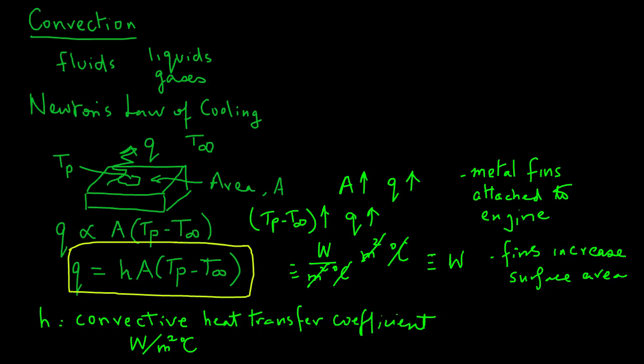Remember that I mentioned earlier that in convection, there is movement of the heating or cooling medium, which is in our case a fluid. Well, we can have two situations. In the first case, the movement is just because the fluid was heated, its density decreased, as you know from physics.